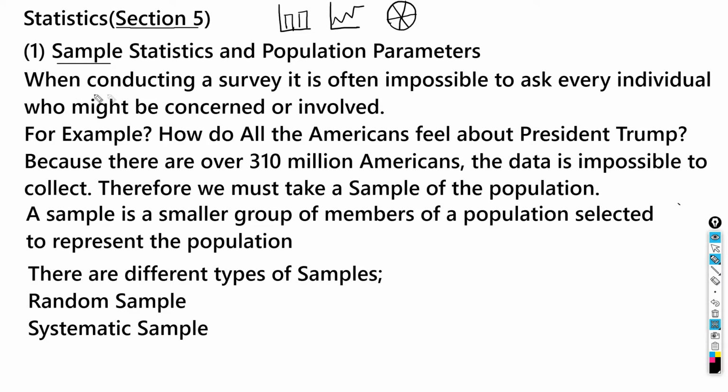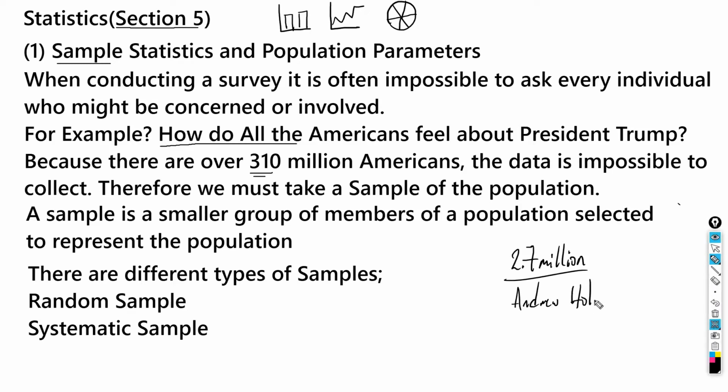It says here, when conducting a survey, it is often impossible to ask every individual who might be concerned or involved. For example, how do all Americans feel about President Trump? Now, because there are over 310 million Americans, which is a lot of people, and Jamaica only has, I think, 2.7 million people, it would probably be more reasonable to ask 2.7 million people how they feel about Andrew Holness.